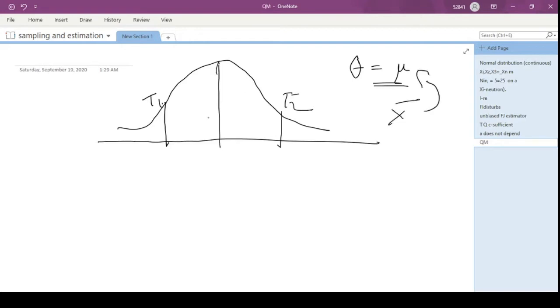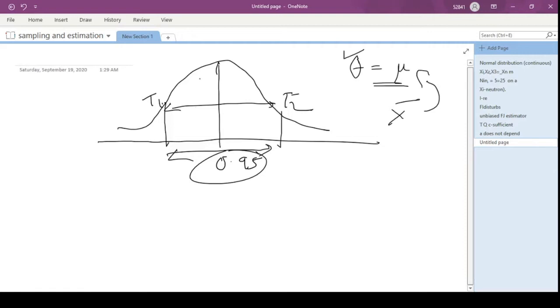If this area is 0.95, then we can say it is the 95% confidence interval. With 95% confidence, the population mean will lie between T1 and T2. We are 95% sure.